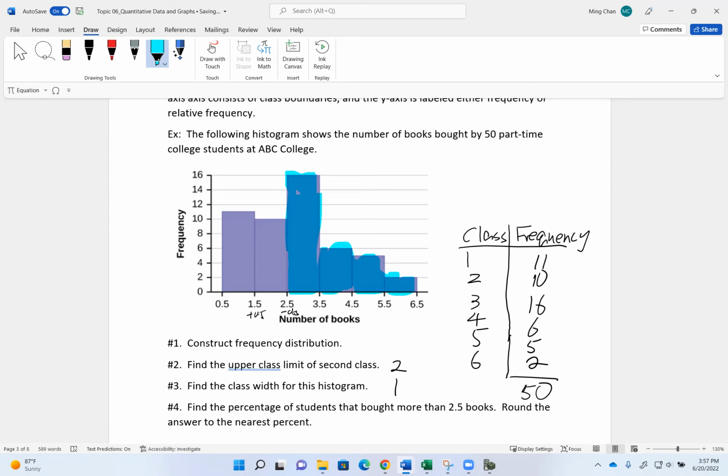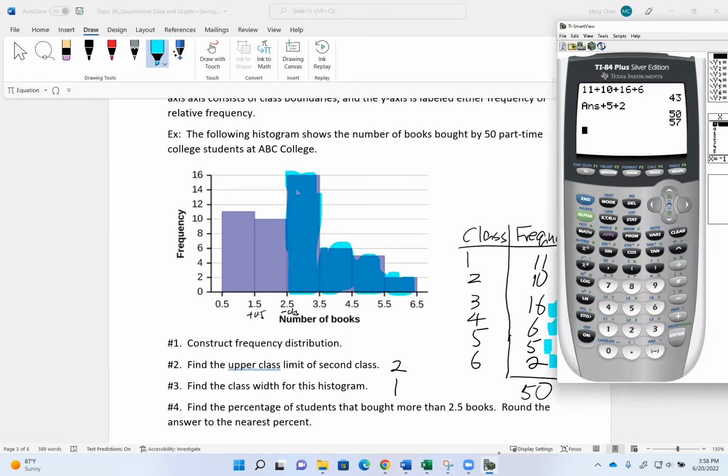Okay, so that's 16, right? So the 16 is to the right side of the 2.5 boundary. So the ones not included are this and this one together, that's 11 plus 10, which is 21. What I want is from 3 books and more, 3, 4, 5, 6.